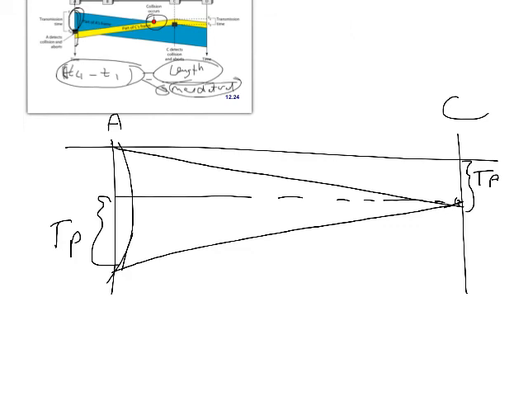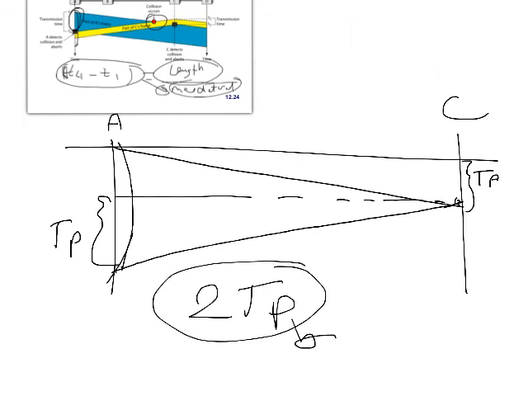So I sent at time 0. After 2 propagation times, only then can I detect it. So what is the length of the shortest frame? In the worst case, it is 2 times the propagation time. This is the length of the shortest frame in time.